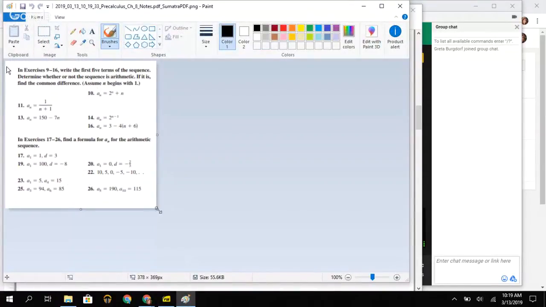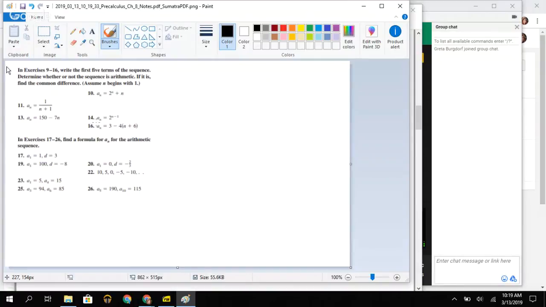Okay, so in 9 through 16, it says write the first 5 terms of the sequence, determine whether or not the sequence is arithmetic. If it is, find the common difference. Well, I kind of just gave you a spoiler alert because I told you what the equation of an arithmetic sequence is. Just based on how these equations look, I would tell you that number 13 and number 16 are probably arithmetic sequences, because there's some version of a sub n equals the difference times n plus a constant.